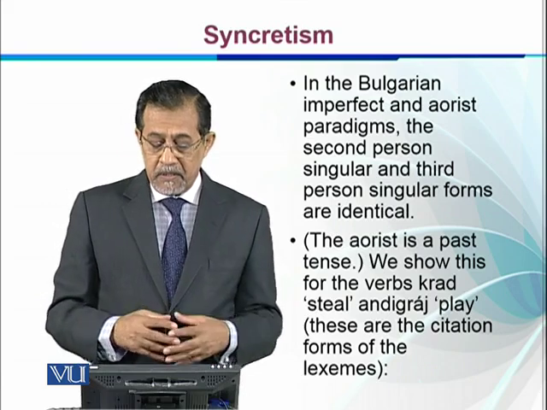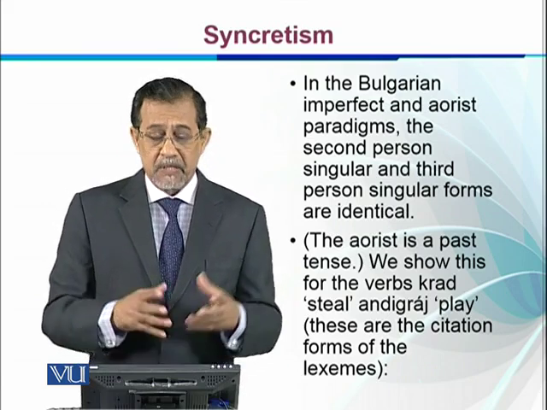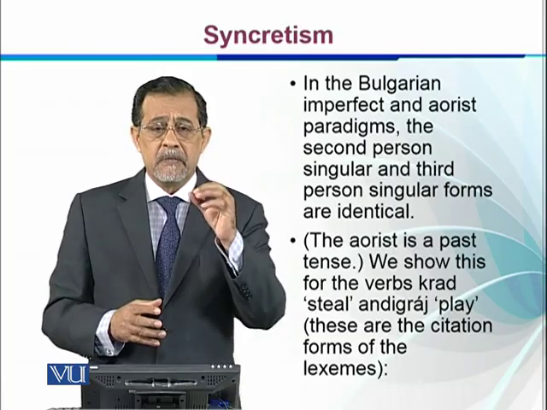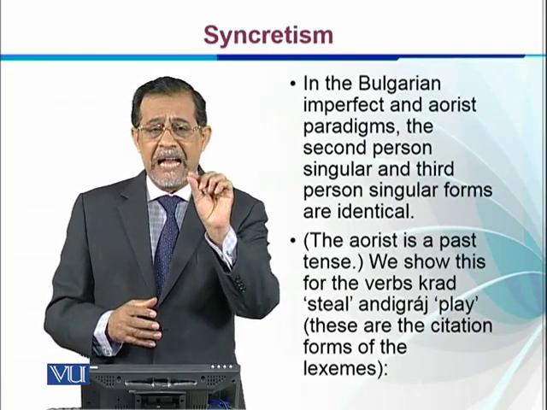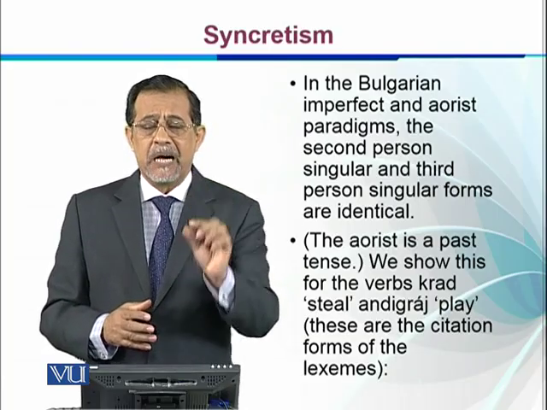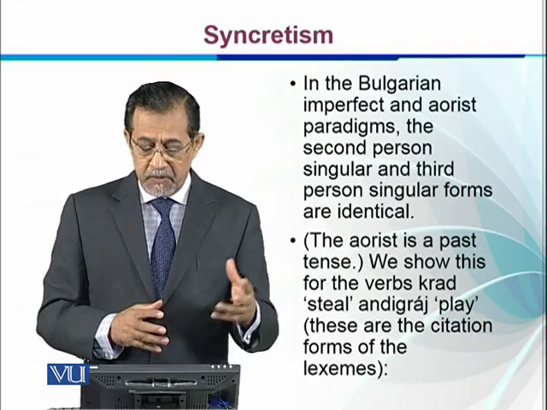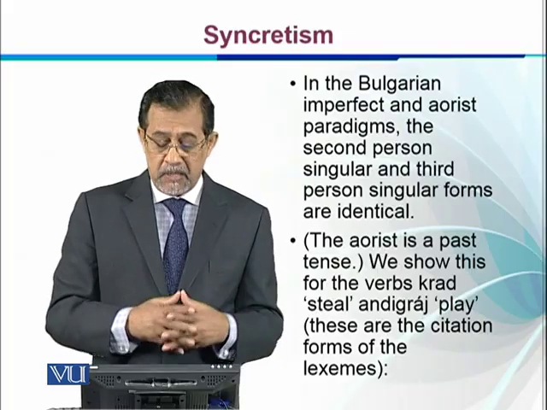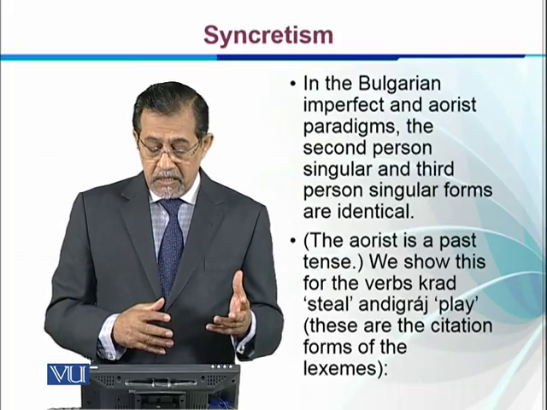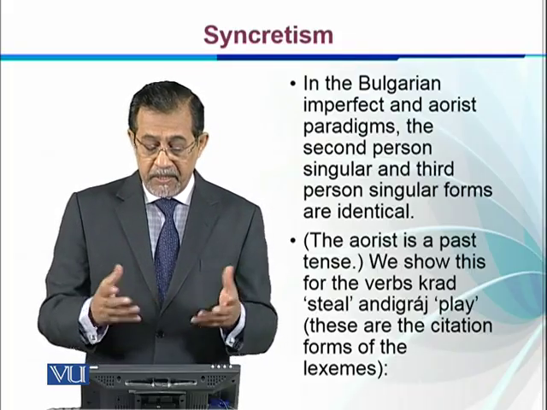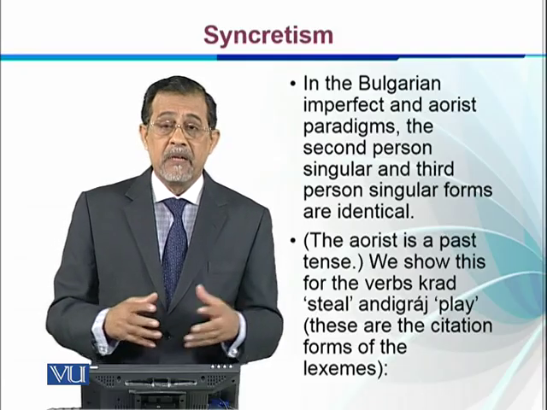The aorist is a past tense. For example, the aorist shows the aspect which is past of a verb. We show this for the verbs crad, for example, steal, and igra, play. These are the citation forms of the lexeme.